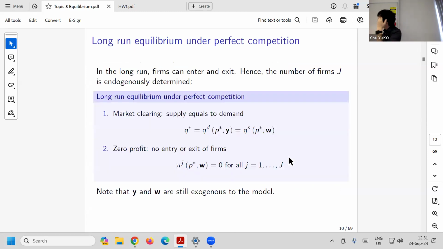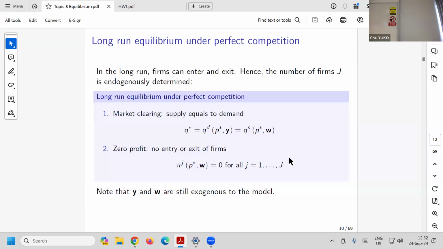And in the long run, a lot of things can be endogenous, but in this model, we just assume the long run endogenizes the number of firms. As I said, you can do this without going to general equilibrium by incorporating, say, a labor market.